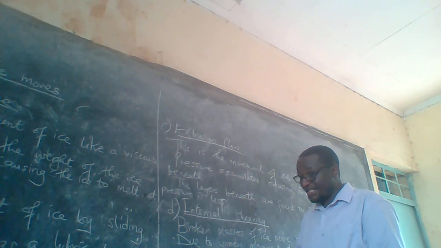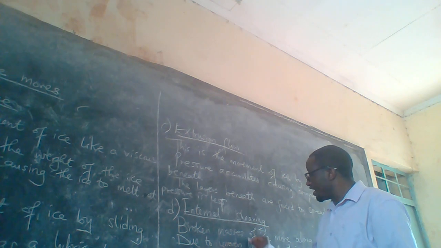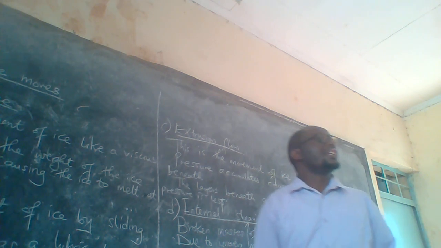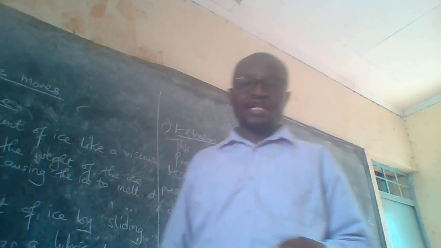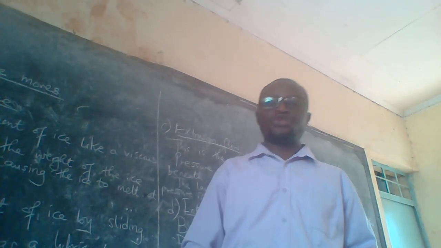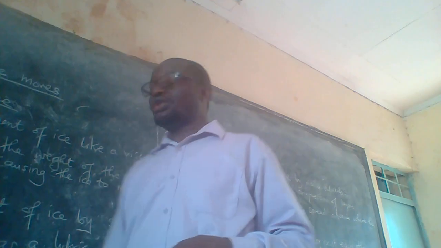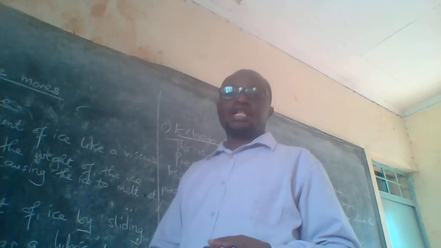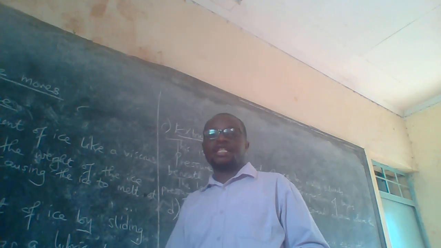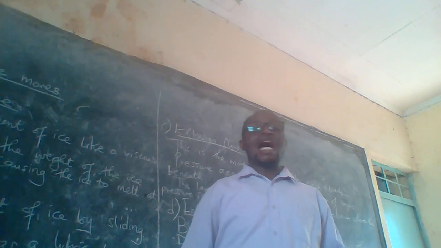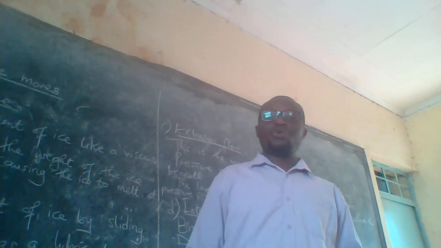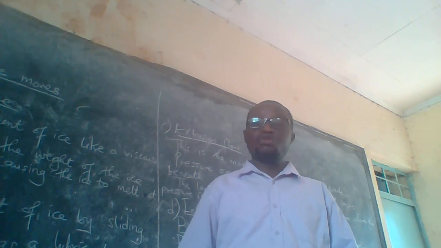This one will slide past this one. And that is what we are calling internal shearing. So the glacier breaks into smaller pieces which move alongside each other down the slope.